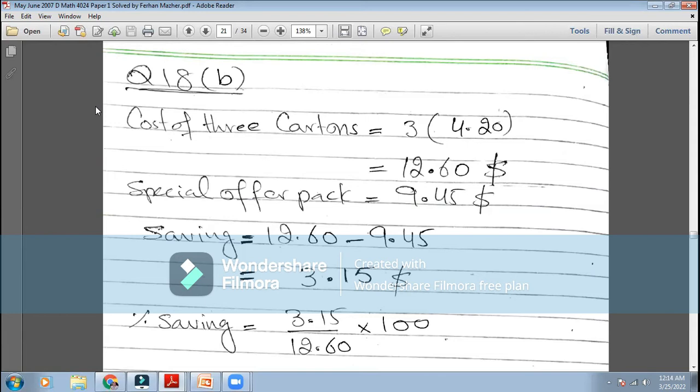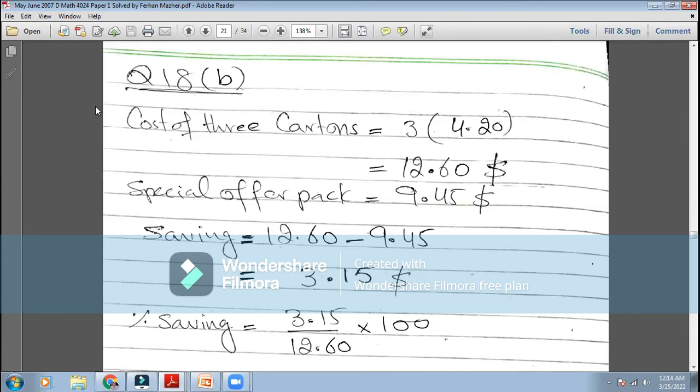And in the special offer pack, which has 3 cartons, the price is $9.45. So the price difference is 12.60 minus 9.45, which will be $3.15. So the percentage saving is the saving, 3.15, divided by the price of the 3 single cartons, multiplied by 100.